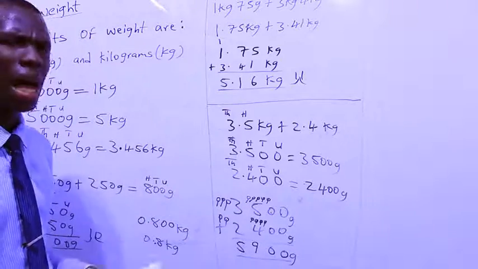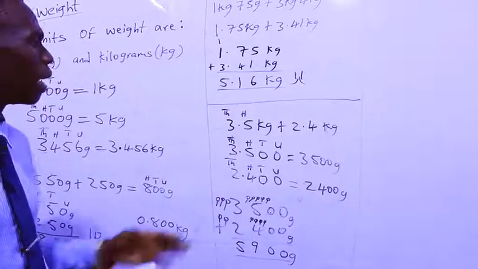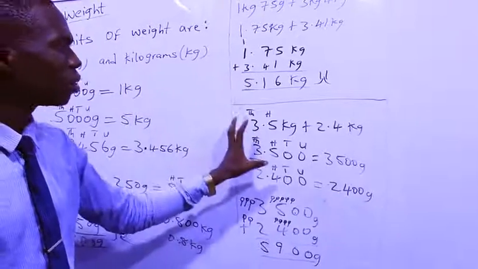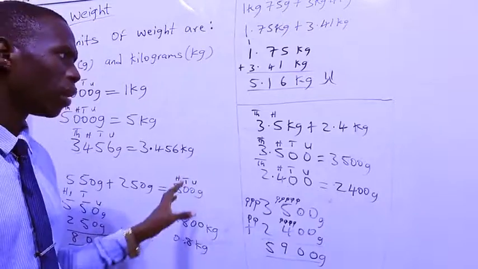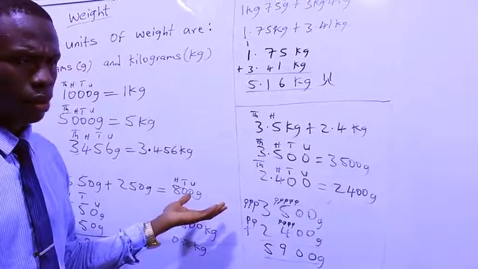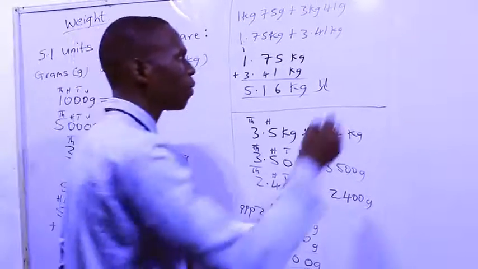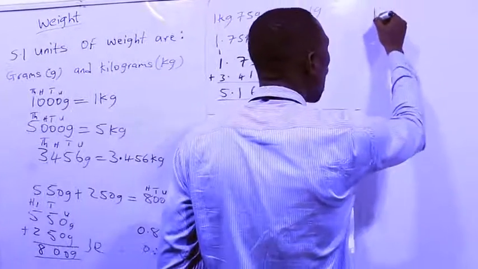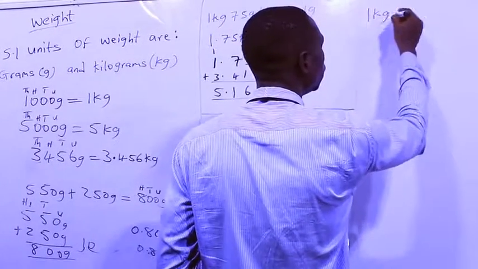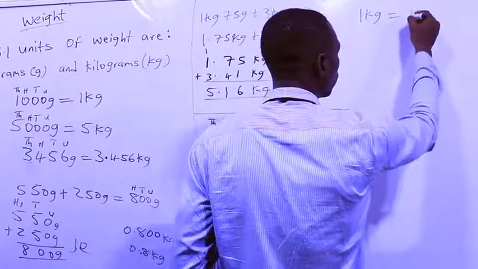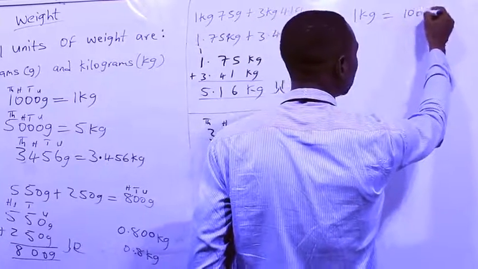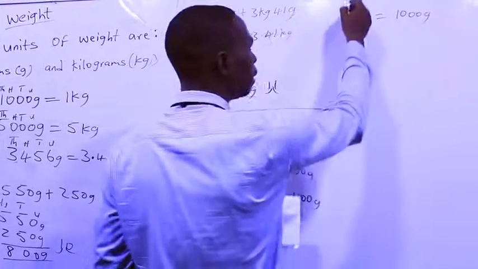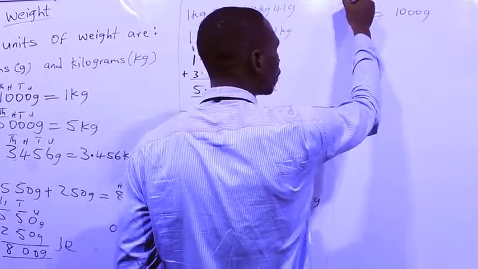5,900 grams. I believe you can now convert grams to kilograms and kilograms to grams. Remember that 1 kilogram is equal to 1,000 grams. This must be 1,000.